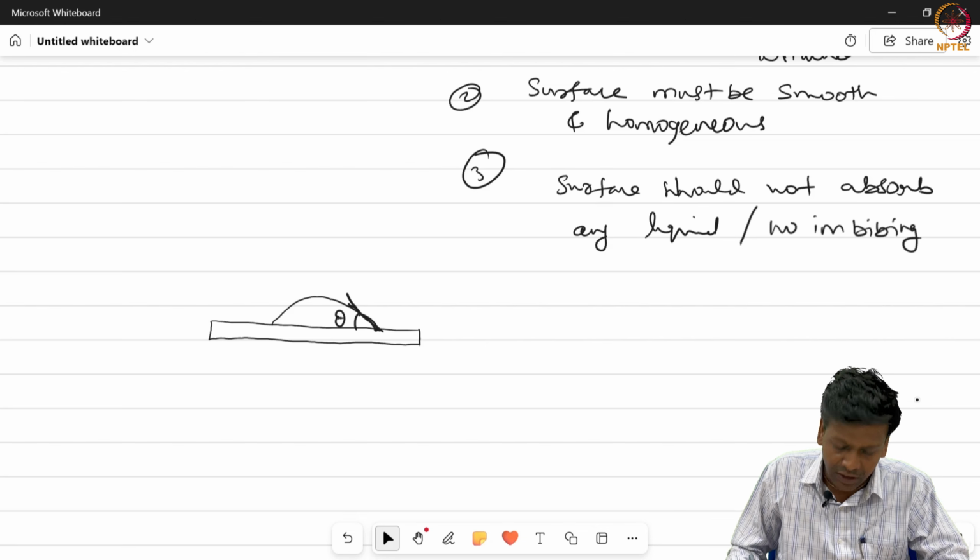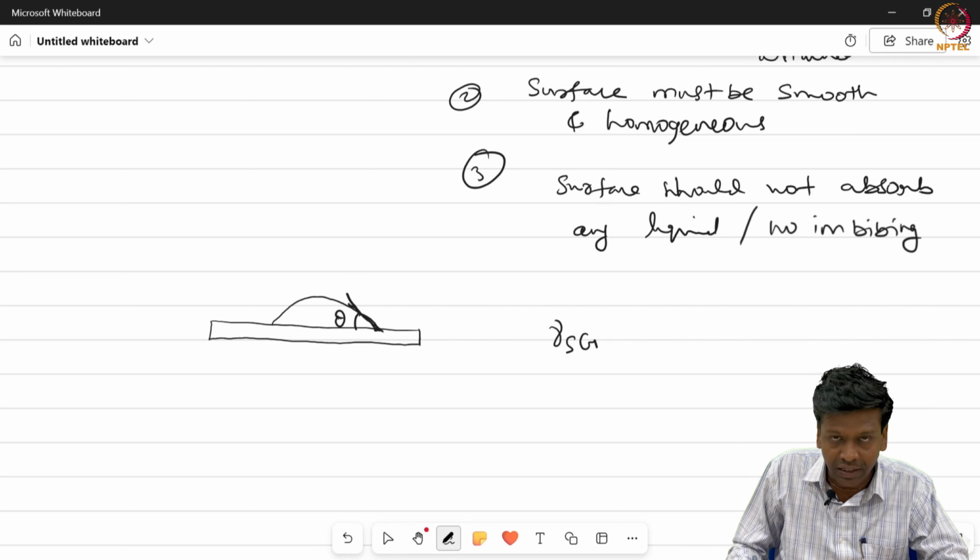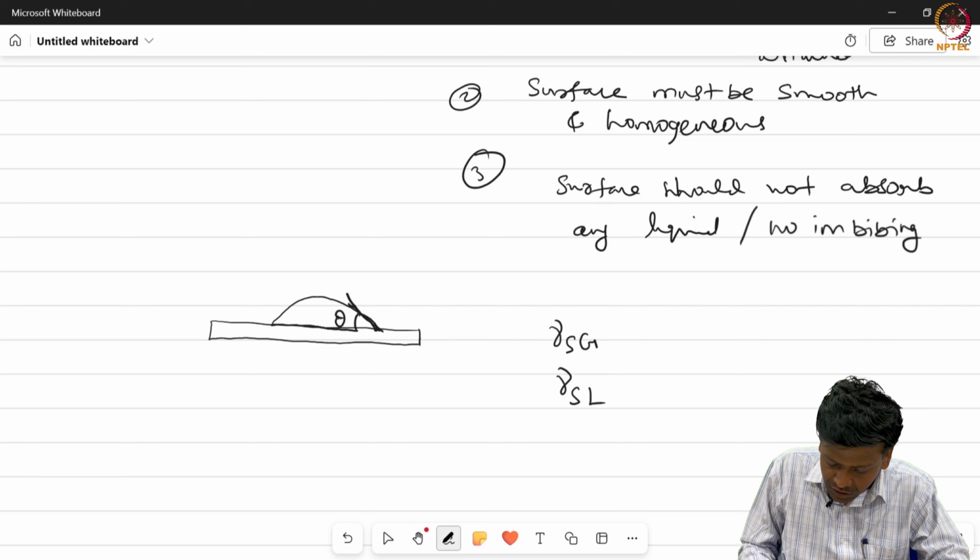As I explained already, there are three competitive forces in this case: gamma SG, associated with the solid and gas, and gamma SL, which is this part, whereas this is gamma LG.